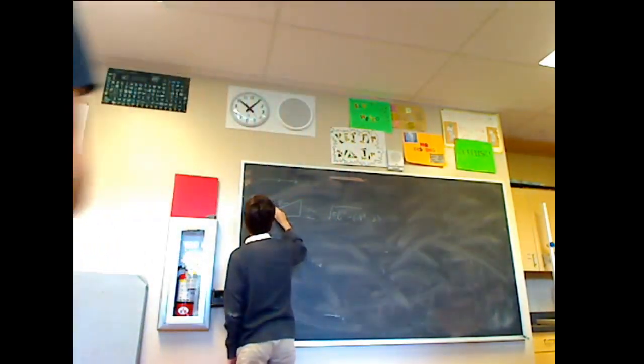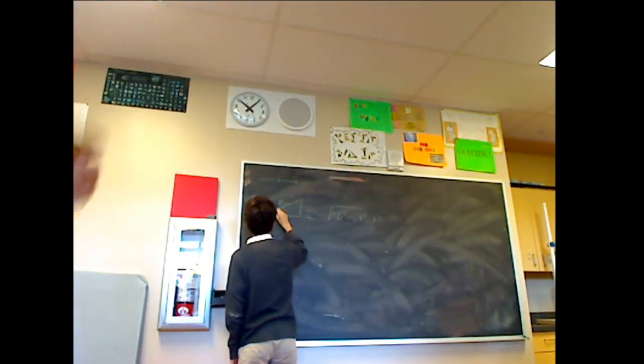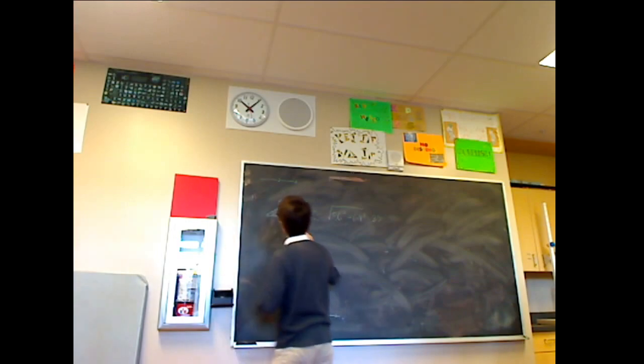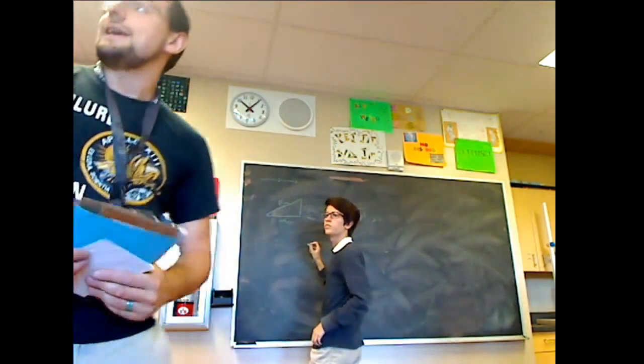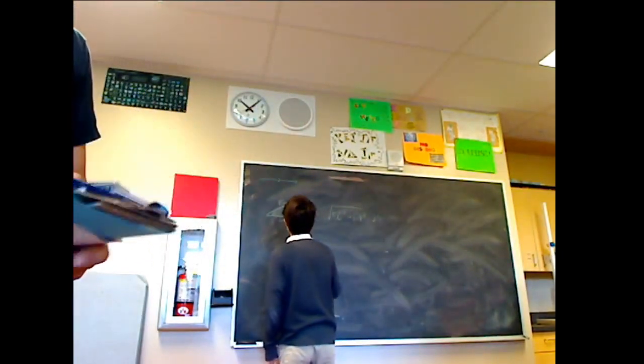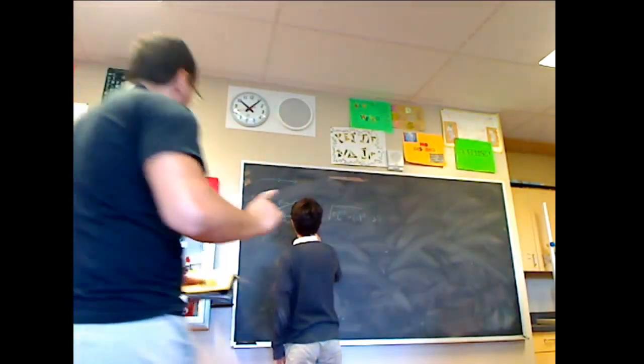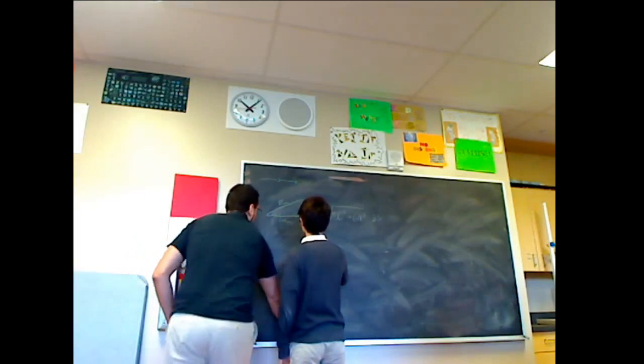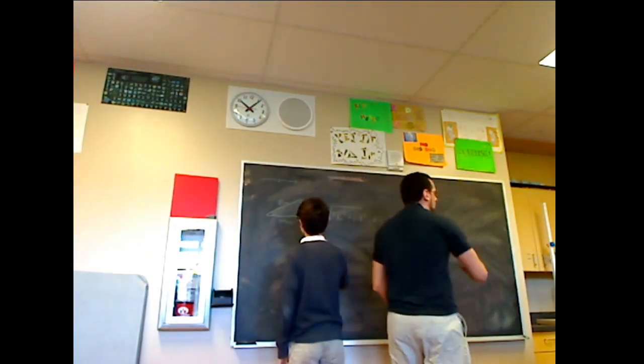Can a vector component be big? Oh, now it's a conceptual question. So let's think about this. Elizabeth, where are you? Right here? So I'm saying, can a vector component be bigger than the resultant vector magnitude? Now, when we are talking about components, we are talking about x and y components of a resultant vector.